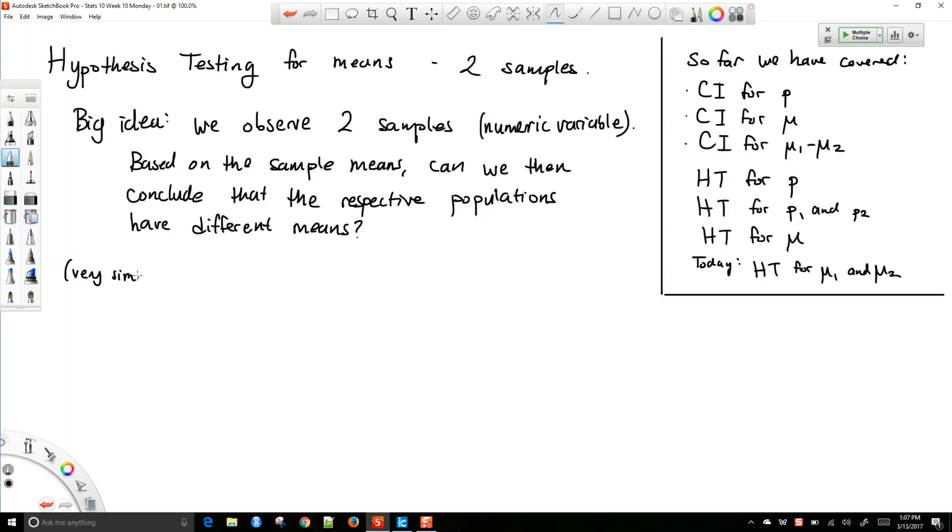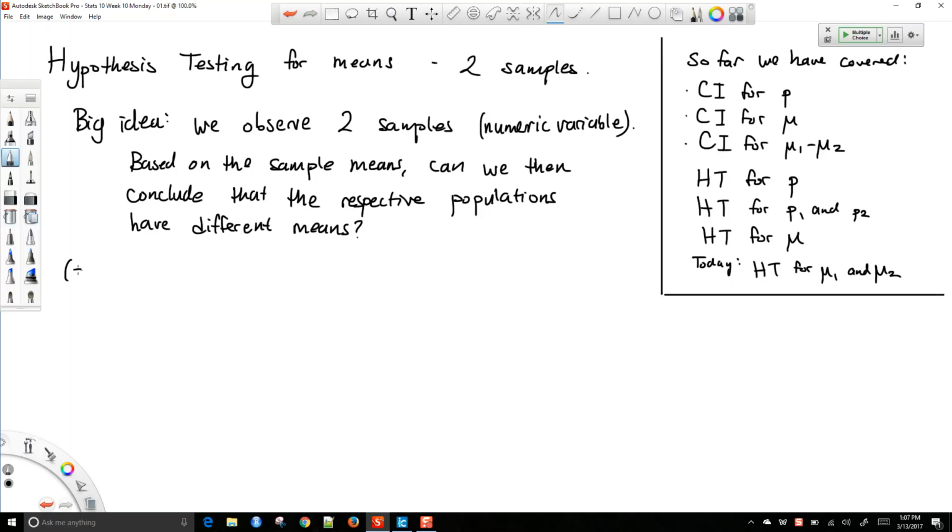The process is very similar to the hypothesis test for p1 and p2, but the conclusions will be identical to the confidence interval for mu1 minus mu2.